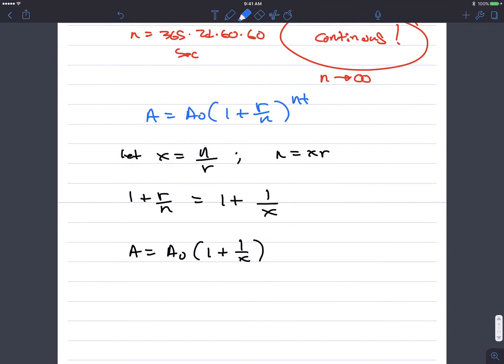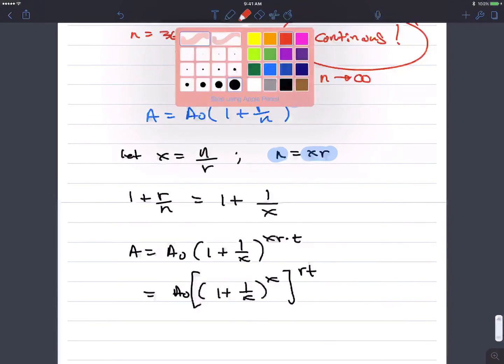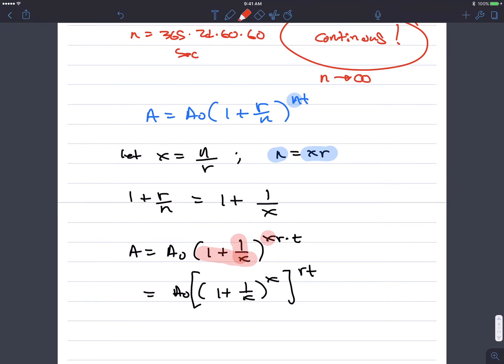We said N is X times R. So I'm going to replace my N with X times R. And don't forget there's a T already out here. So here's what's going on: 1 plus 1 over X. I'm going to use my power rule, so I can keep this 1 plus 1 over X, to the X power, and my power outside the parentheses is RT.